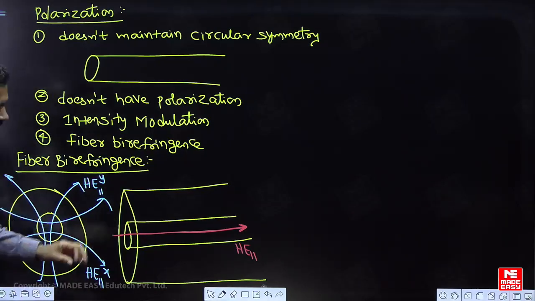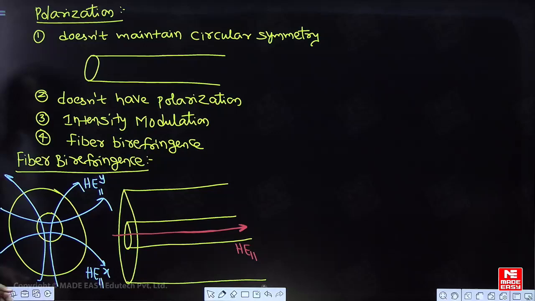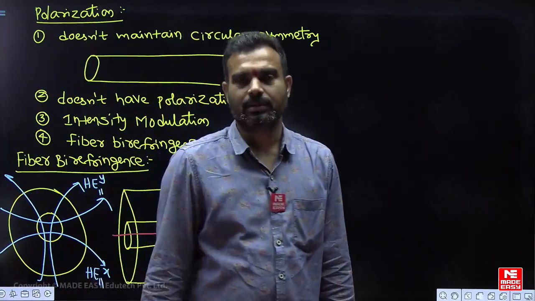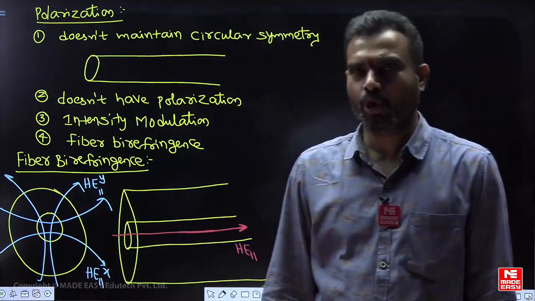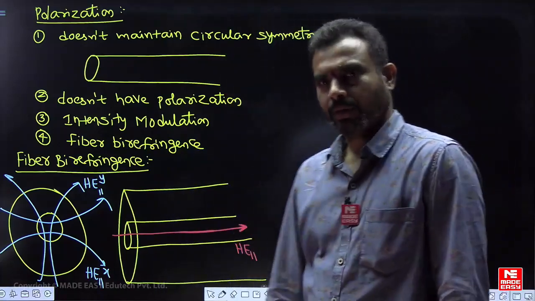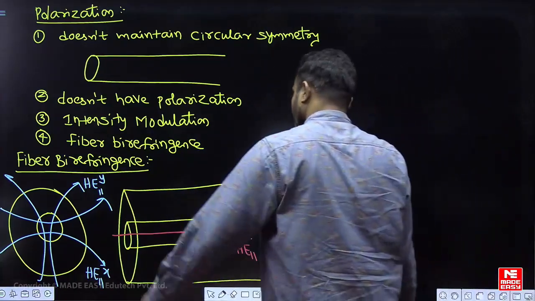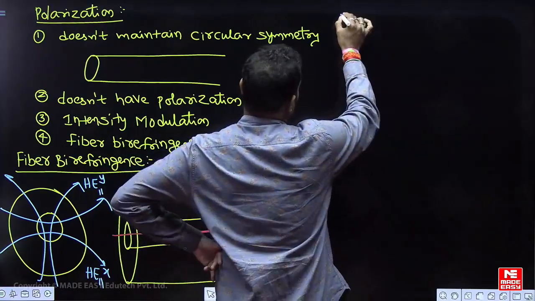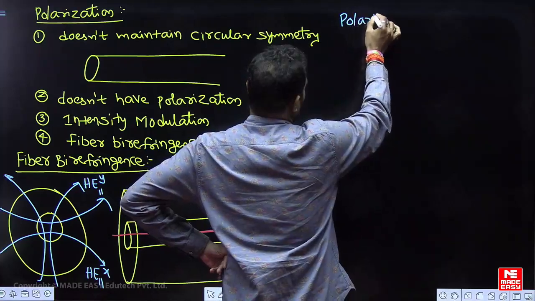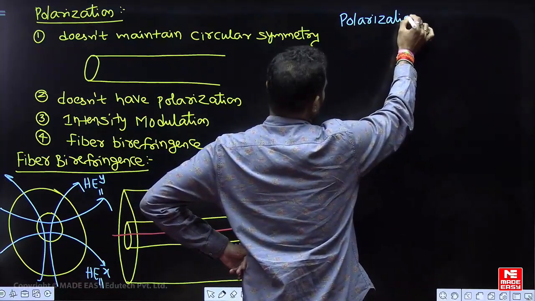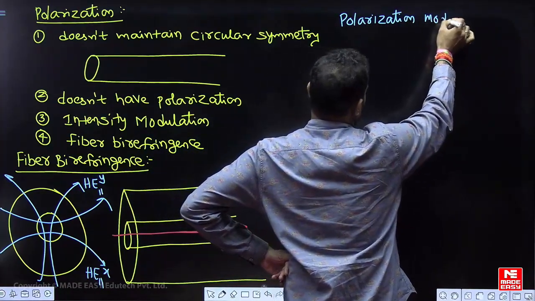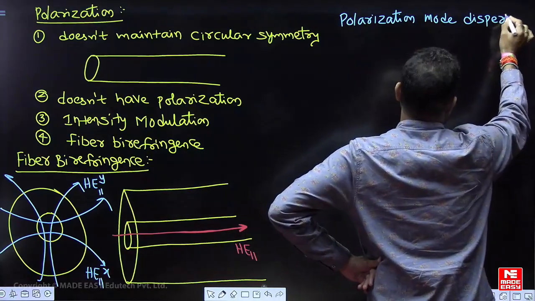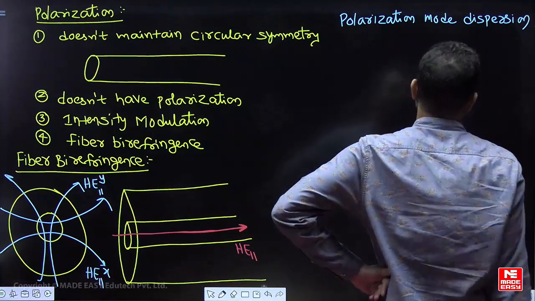These will travel with different velocities, creating a problem called polarization mode dispersion. Understood now? Because HE11Y and HE11X travel with different velocities, these modes due to polarization give the polarization mode dispersion.